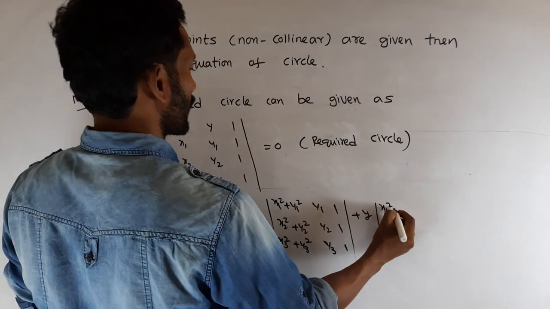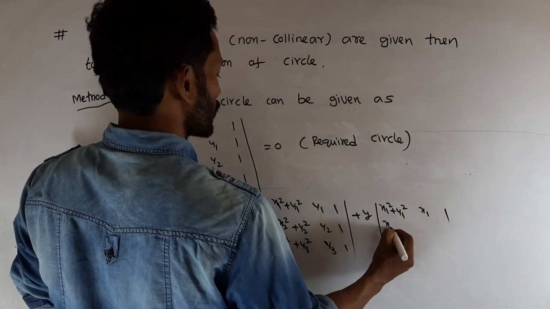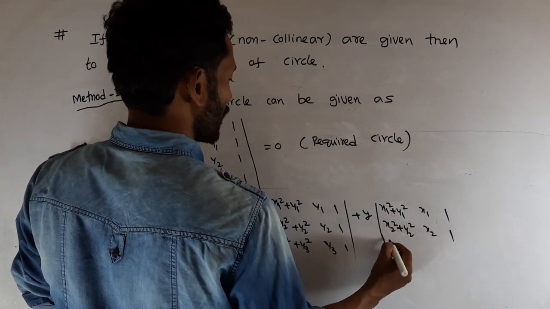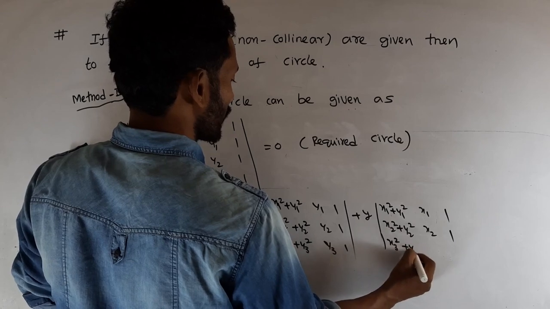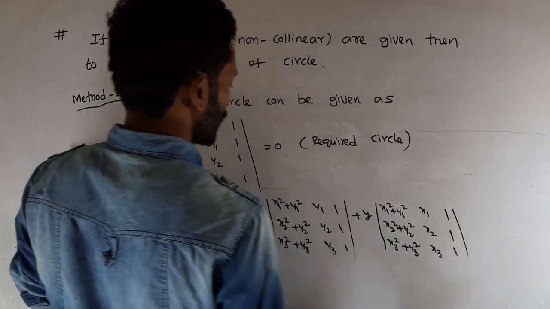Now x1 square plus y1 square, x1, 1, x2 square plus y2 square, x2, 1, x3 square plus y3 square, x3, 1.